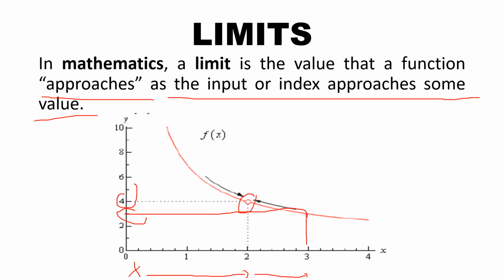For example, if our x approaches 2, there is a corresponding value of y. What if our x approaches 3? Again there is a corresponding value of y. If x approaches 3, what will be the value of your function? So what is the limit of that function when x approaches 3? We consider this point as the limit of the given function if x is 3.